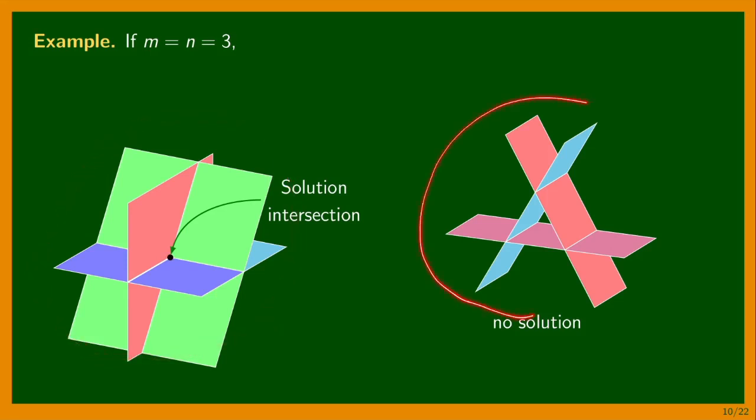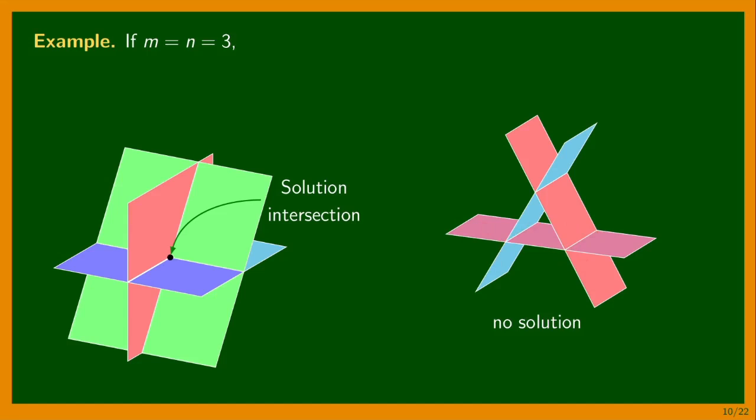In the case of the second figure, although the planes intersect pairwise, when you say pairwise, any two of them intersect. For example, these two intersect here. These two intersect here. These two intersect here. But remember, for a system to be considered solved, a solution must solve everyone.